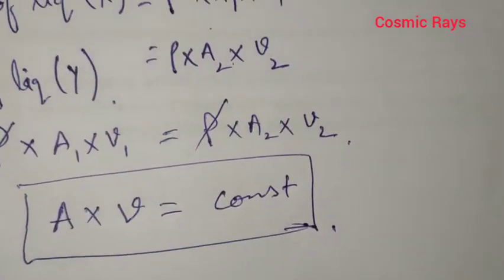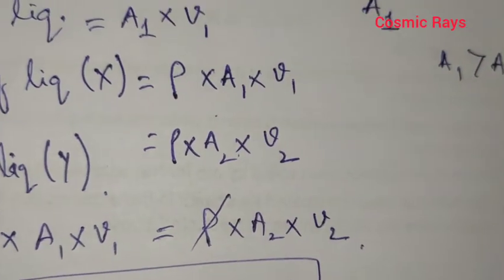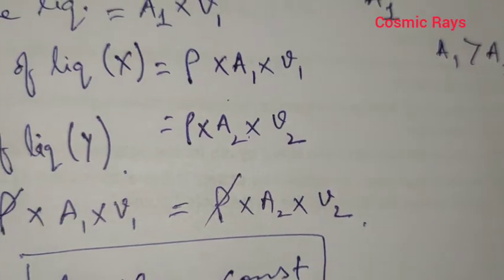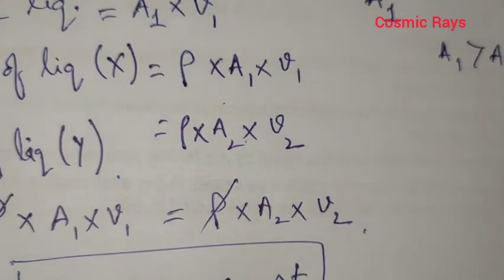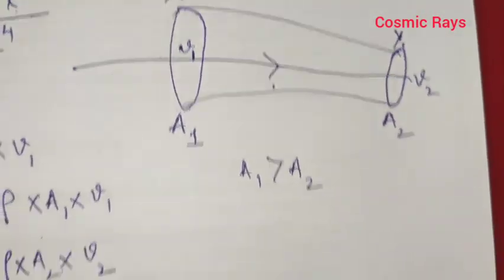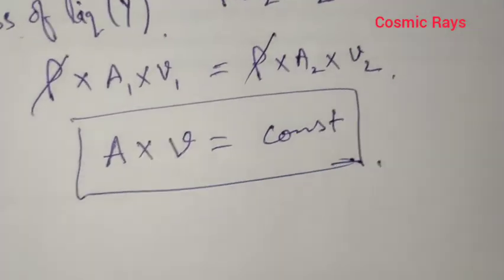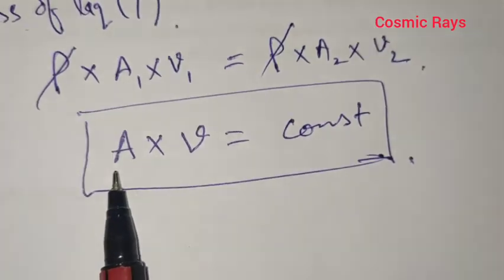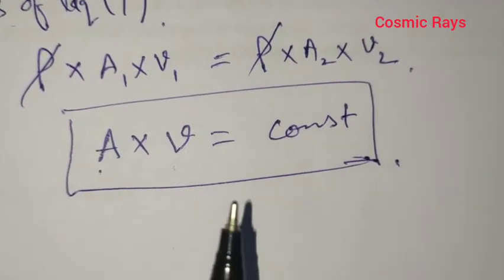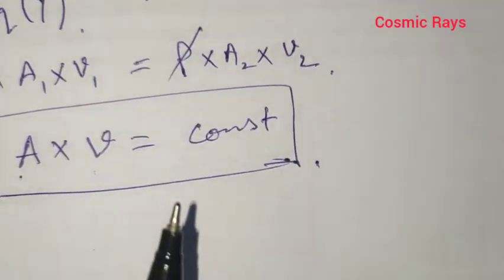It states that when an incompressible and non-viscous liquid flows in streamlined motion through a tube of non-uniform cross section, here we find that the tube is non-uniform, then the product of area of cross section and the velocity of flow is the same at every point in the tube.